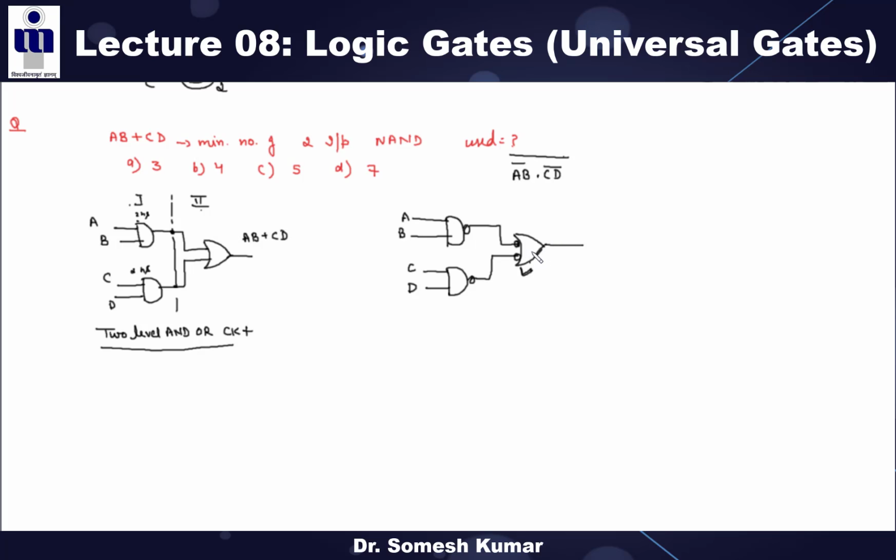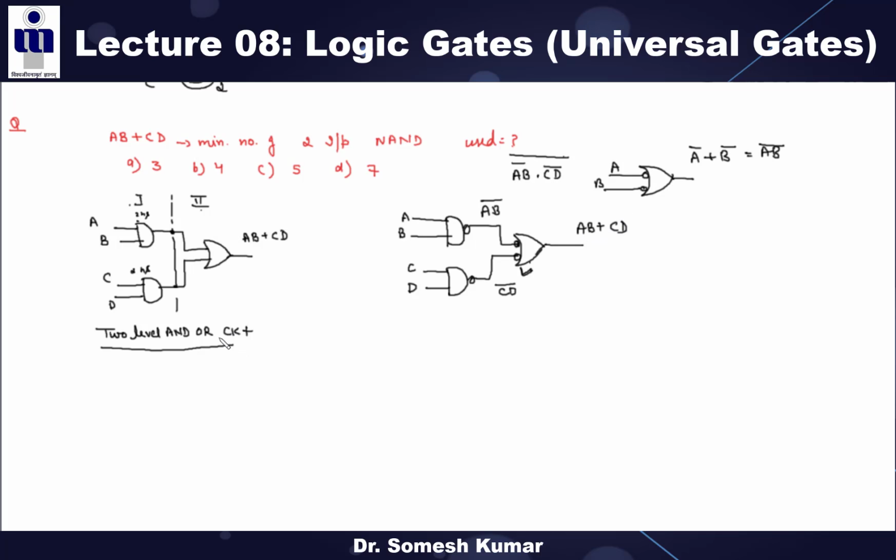So this is your NAND gate. This is NAND gate now. This means A bar plus B bar. This is AB bar. So this is the alternative symbol of your NAND gate, right? So this output is AB bar. This is CD bar, right? And what is this? AB plus CD, right?